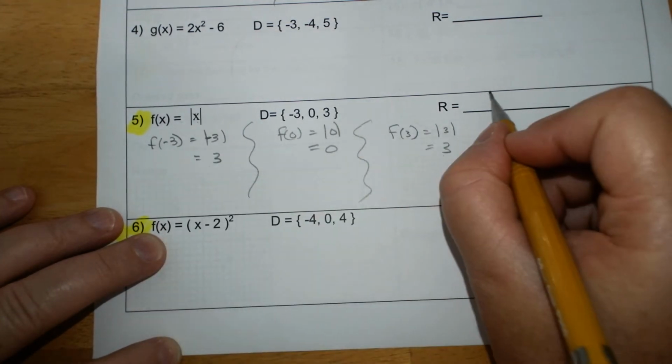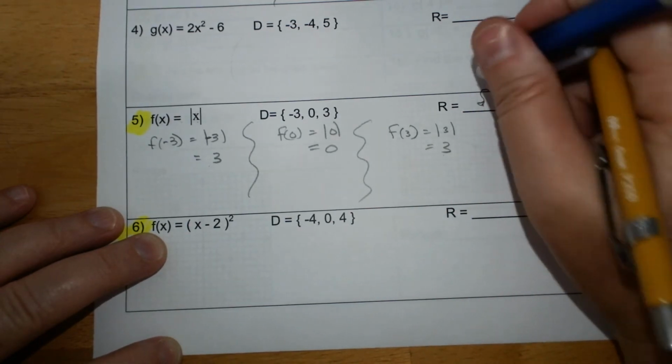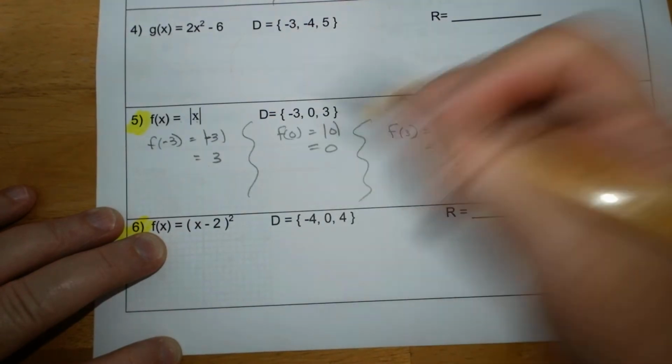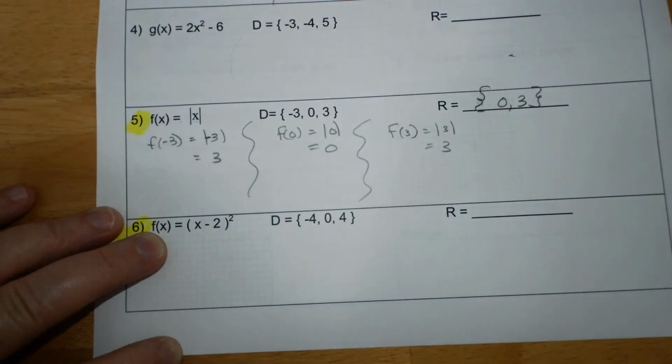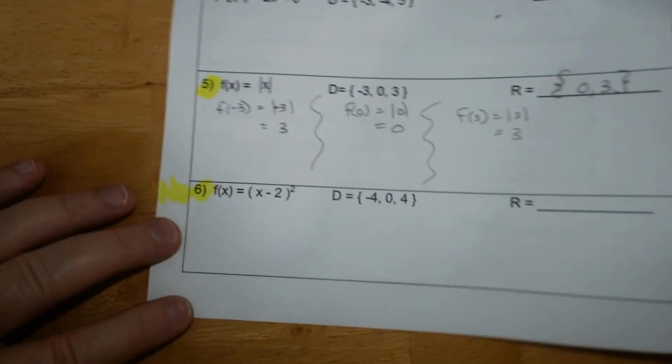These two match, therefore the range is just your 0 and your 3. You don't have to put duplicate values because it says what's in the set.